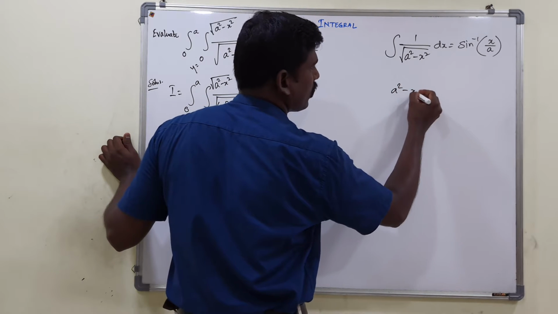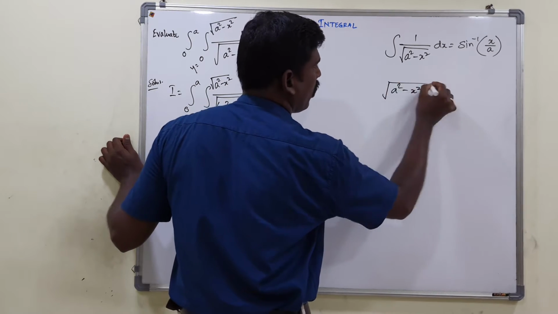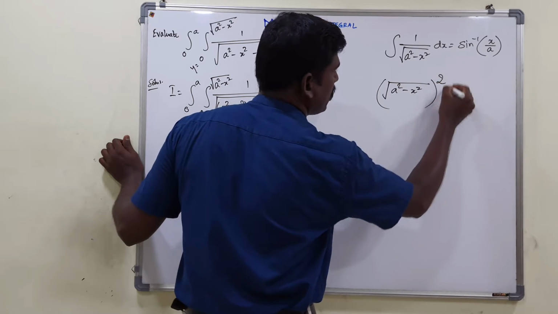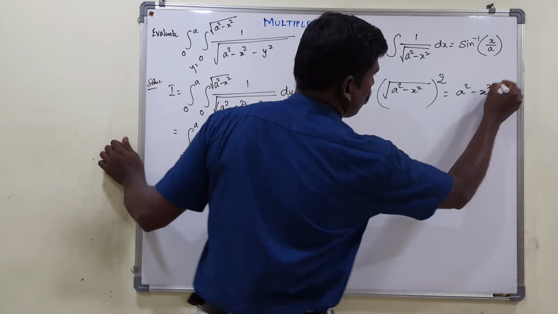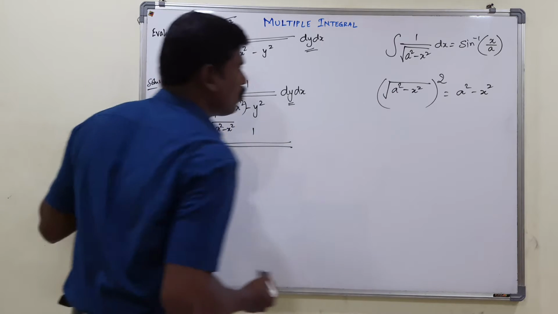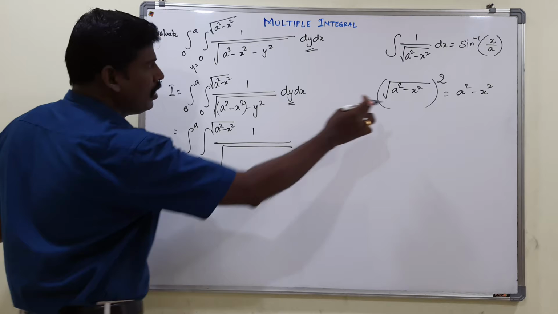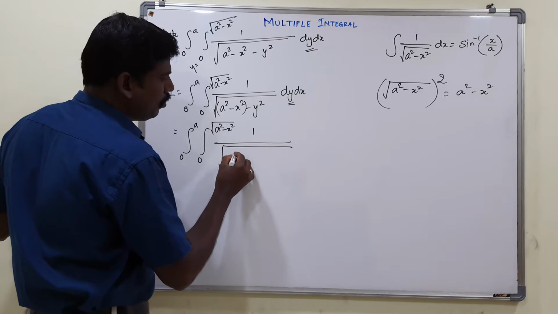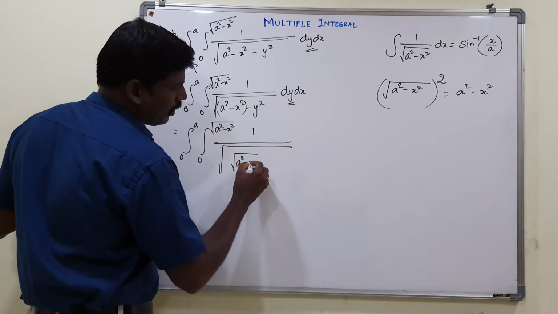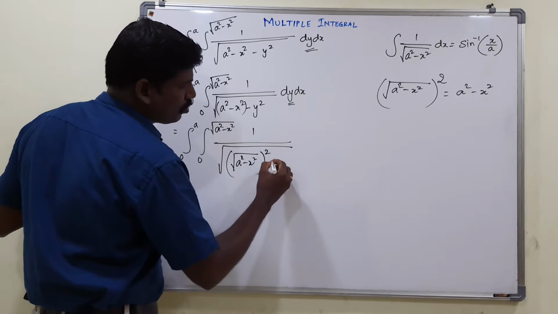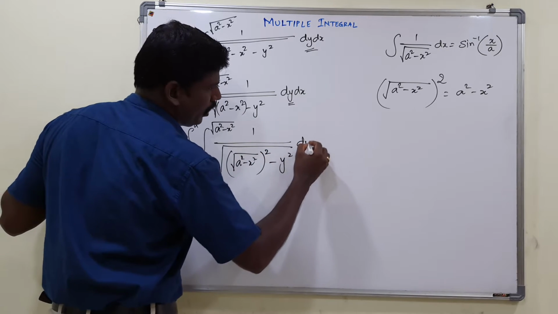A square minus x square can be written as square root of the whole square, both will be the same. So now I am going to write this a square minus x square as a single term and make it into root of a square minus x square, the whole square, minus y square, into dy dx.